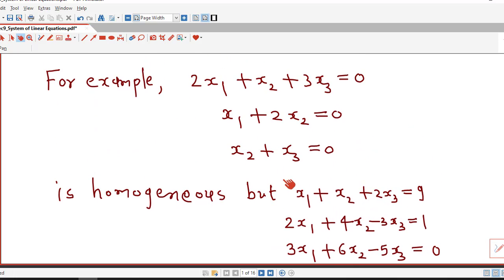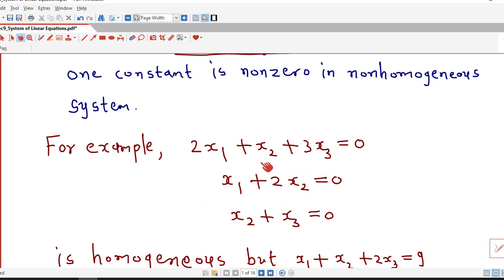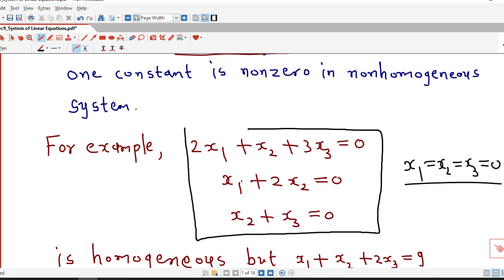Now if we observe this homogeneous system, we can see that it always has at least one solution, that is the zero solution. If we put x1 equal to x2 equal to x3 equal to 0, then these values of x1, x2, x3 will satisfy each equation of this system. So if a system is homogeneous, it always has at least one solution, that is all the variables are 0.